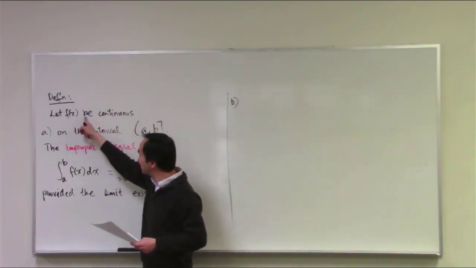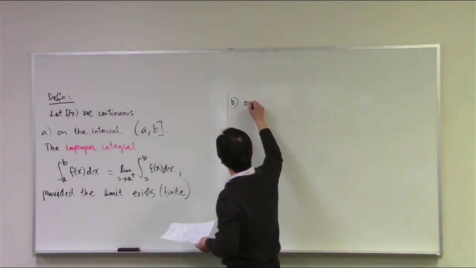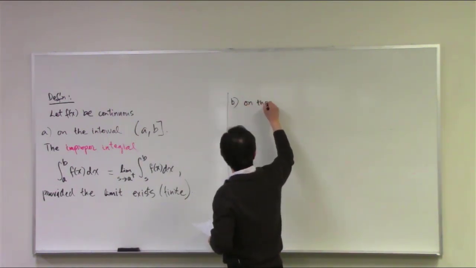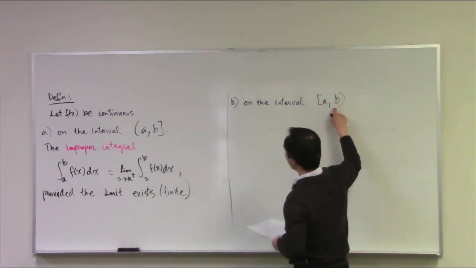Let f be continuous. In part B, a different case, f is continuous on the interval from a to some b, but half open on the b end.